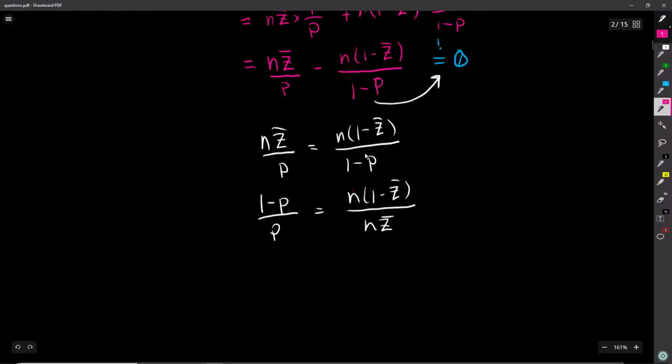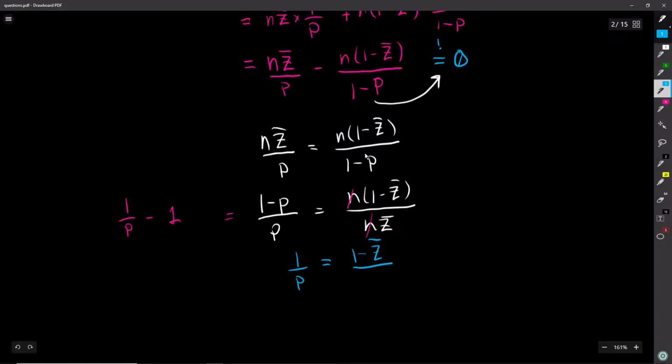These n's are going to divide out here, and we can write this left-hand side as 1 over p minus p over p, so that's -1, right? And so now we can pull the 1 over to the other side, and that leaves us with 1 over p equals 1 minus z bar over z bar plus 1.